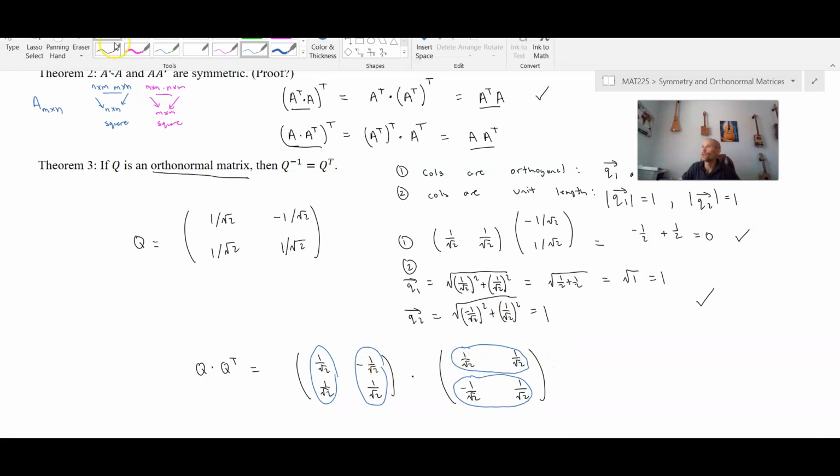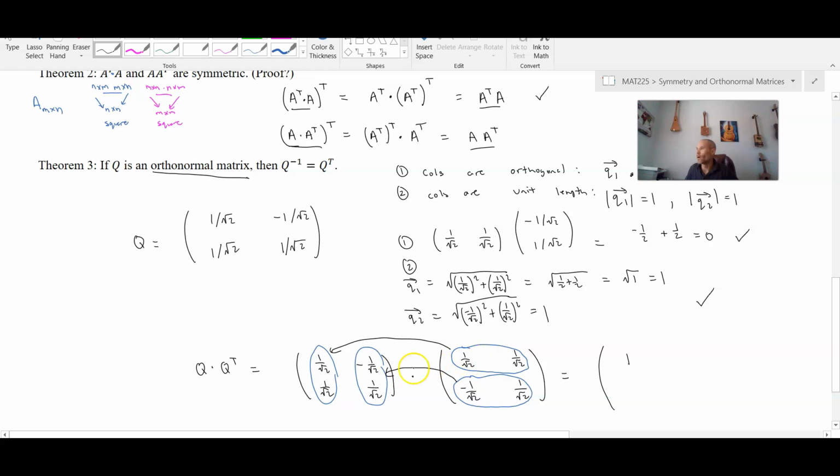And now when I compute the product of these matrices, I'll have 1 over the square root of 2 times this column plus negative 1 over the square root of 2 times this column. And I'll just quickly write that out. Here I will get 1 over the square root of 2 times 1 over the square root of 2 is 1/2. And then here I'll have the negative times a negative, which will be positive 1/2. And 1/2 plus 1/2 is 1.